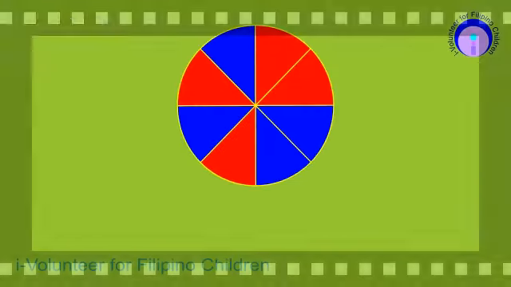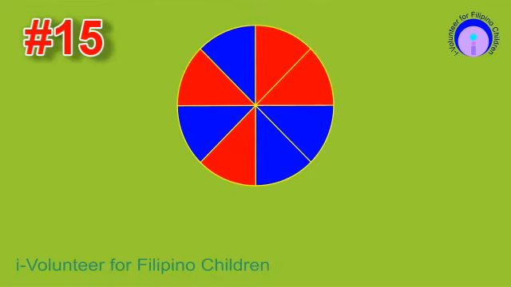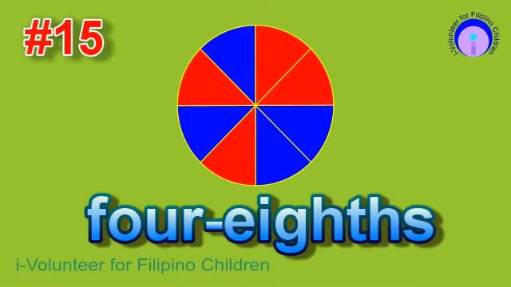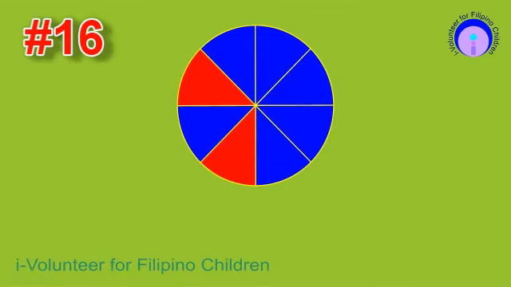Number 15. Write the fraction in words on the number of reds. The answer is. Number 16. Write the fraction in words on the number of reds.